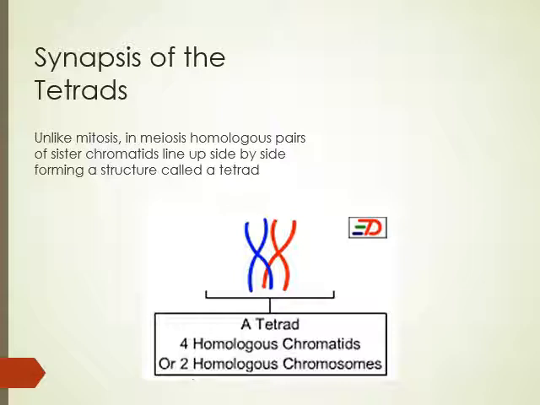In mitosis, during prophase, you get your homologous pairs have formed and they've thickened. During meiosis, you take those sister chromatids and those homologous pairs and they come together to form a tetrad.